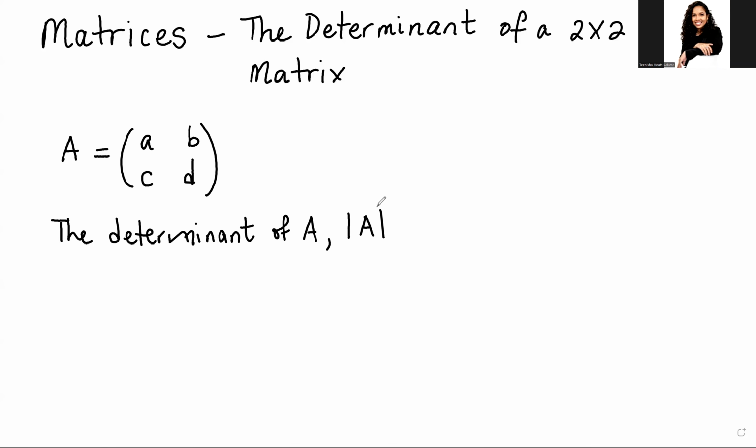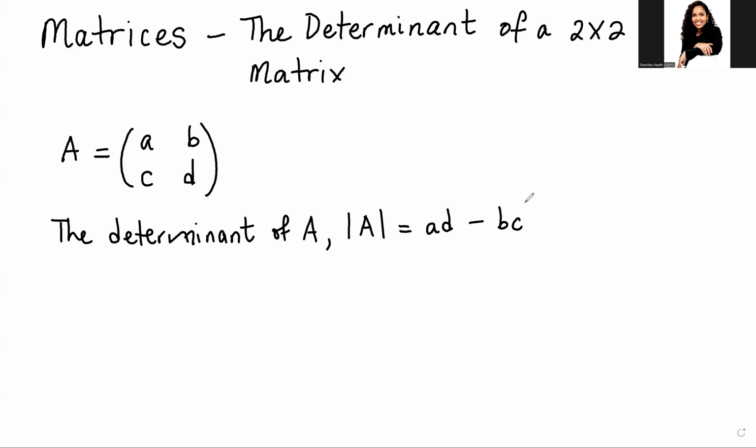And that is found by subtracting the products of the diagonals, meaning ad take away bc. That's the determinant of the matrix where A is equal to a, b, c, d. So it's the difference of the products of the diagonals.